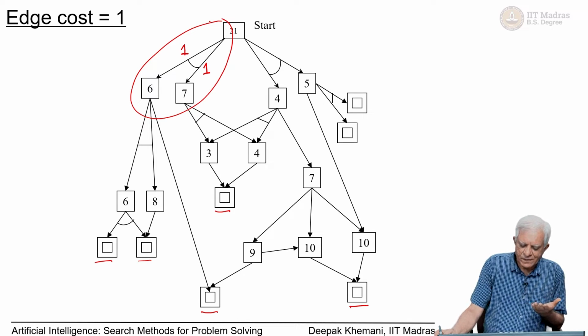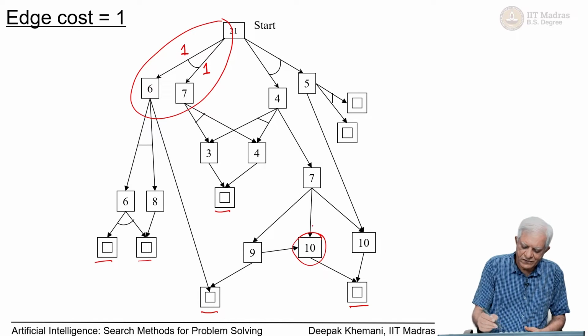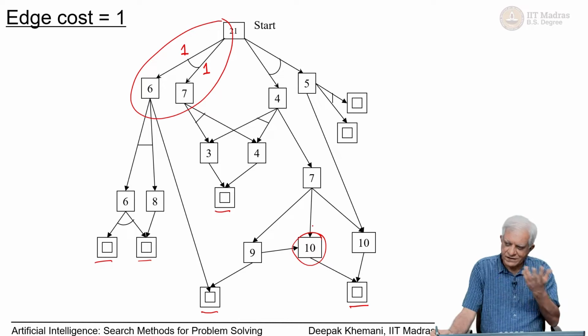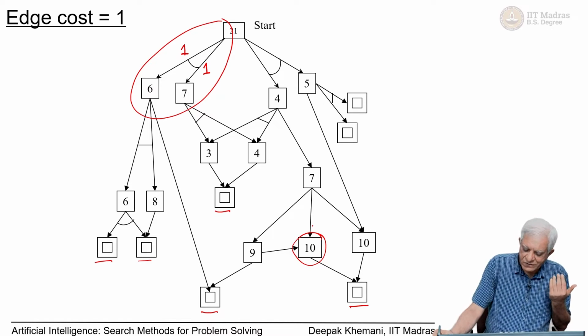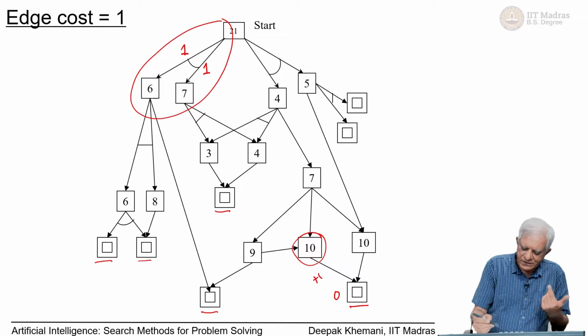So, when edges have cost 1, then you can see that the heuristic values that we have are basically overestimating. So, look at this node with a value 10, it is saying that the cost of solving that node is 10, whereas in practice it has a real cost 1, because this is 0 plus 1. So, the cost should be 1.